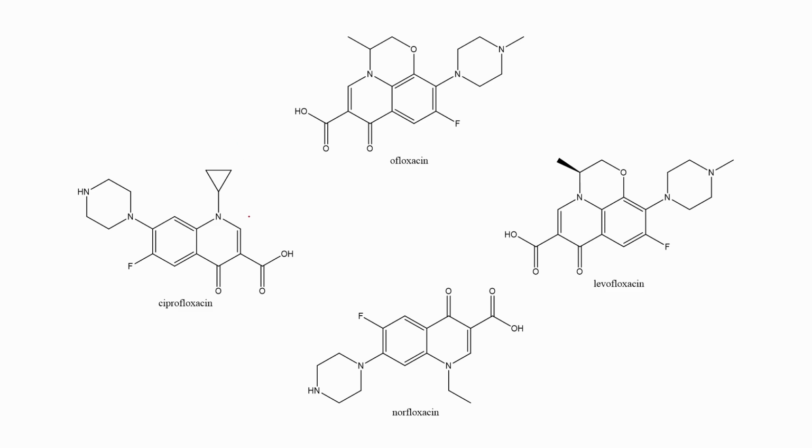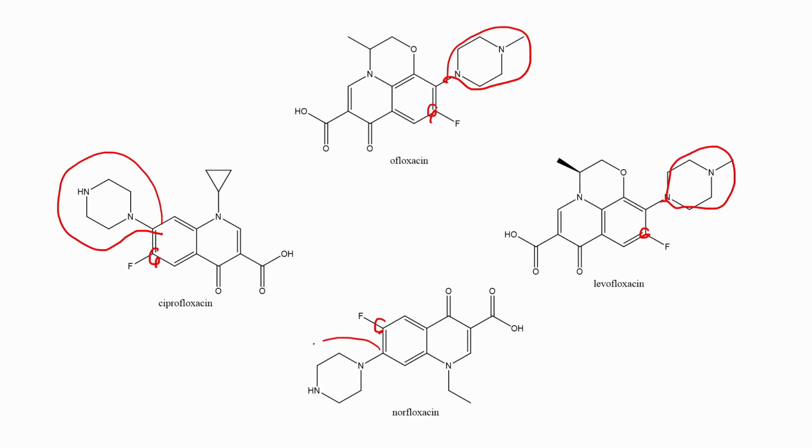If you can see the fluorine atom, that is number 6. So all of these have a 6-fluoro substituent. And if you look at number 7, they also have a piperazinyl substituent as well. This means these antibiotics have greater efficacy against gram-negative bacteria.